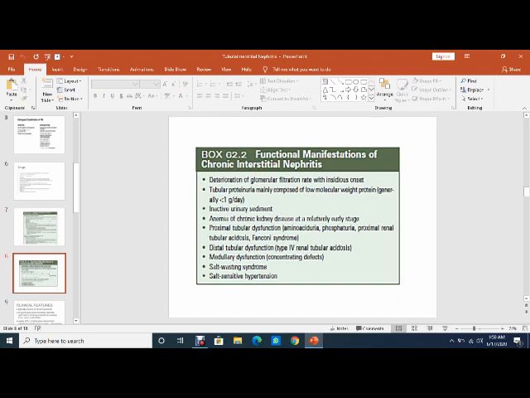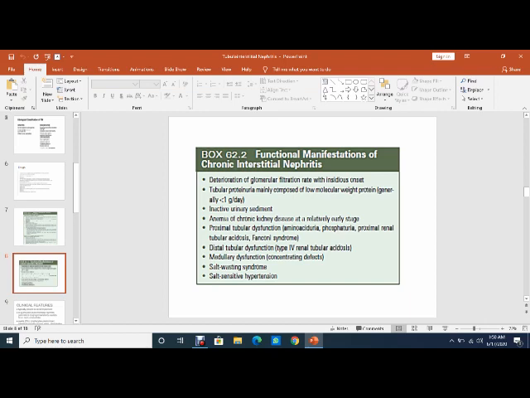This slide shows the functional manifestation of the chronic interstitial nephritis. So, the kidney functions are affected. Deterioration of the glomerular filtration rate with slow onset, insidious onset.